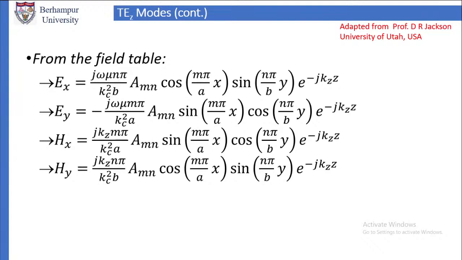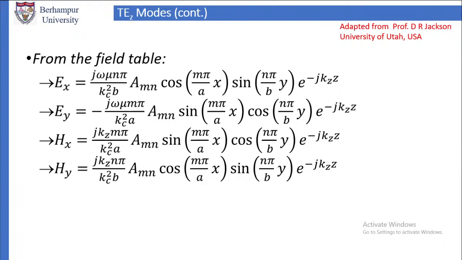So before seeing it in details, we can write the field values. From the field table, you can find out what is Ex. Ex will be j omega mu into n into pi divided by k square b into a mn cos m pi by a into x sine n pi by b into y exponential minus j k z.